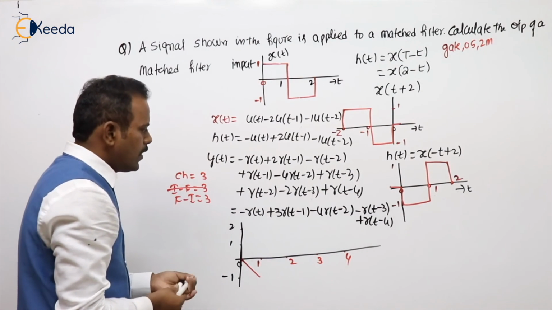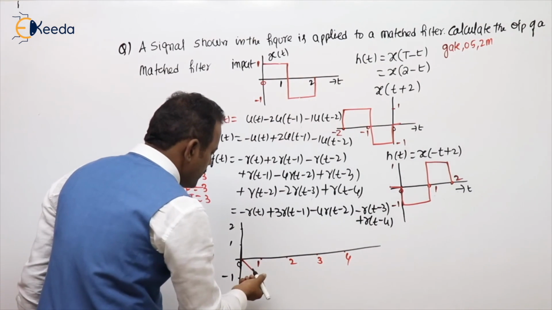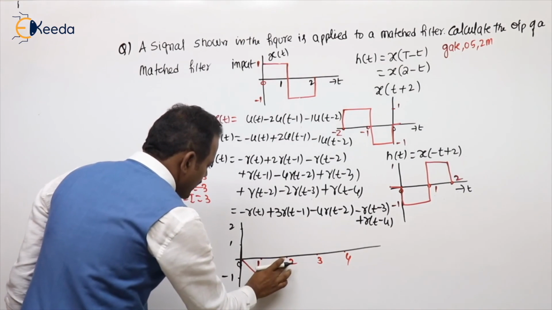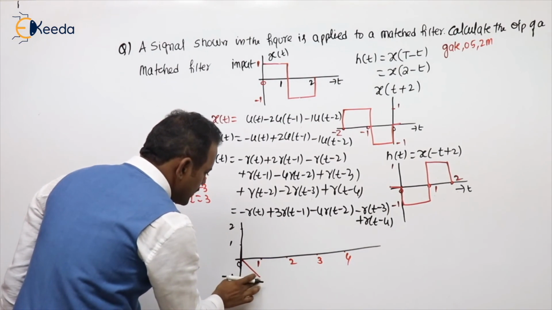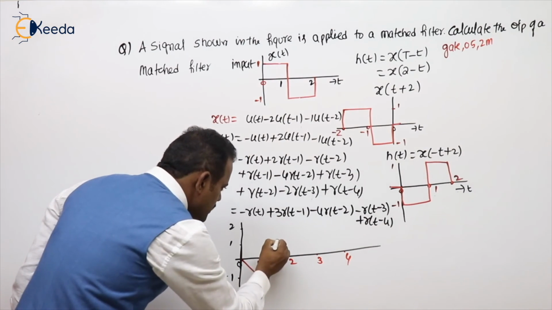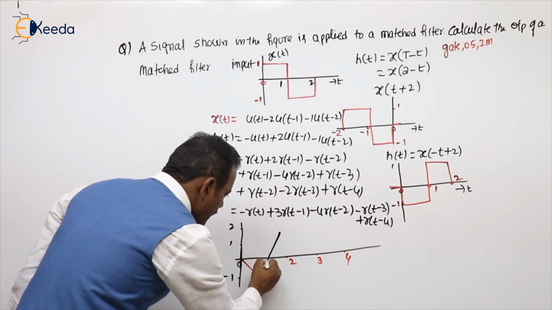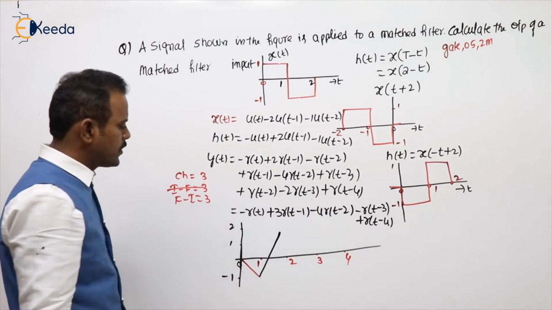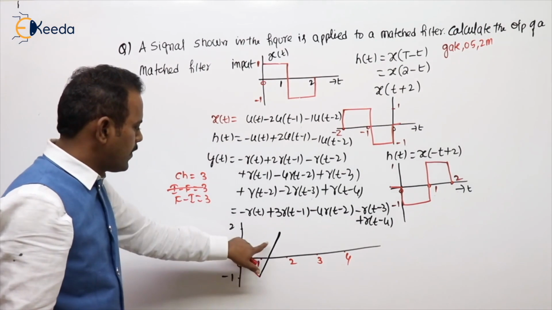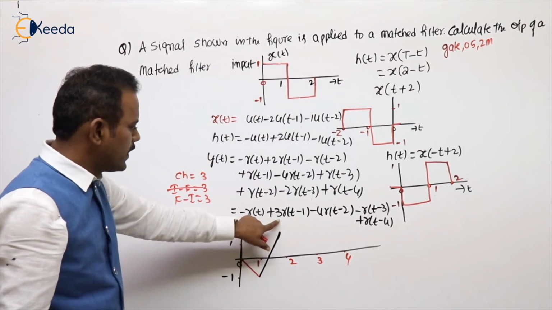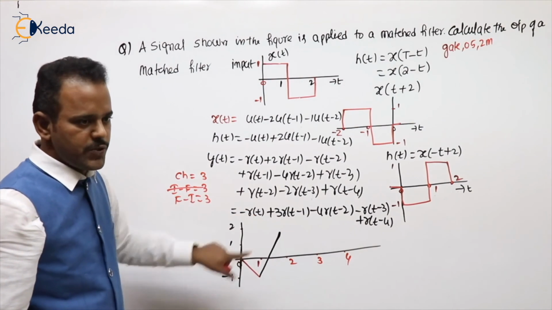Now from 1 to 2, its slope is 2. So 2 units it will rise. Already it is at minus 1. 2 units means it comes up to 2. See, final slope minus initial slope. All these will give you the slopes.